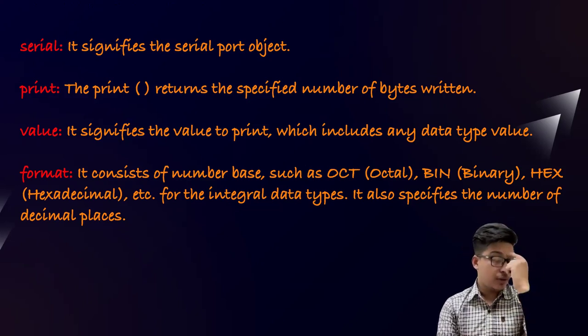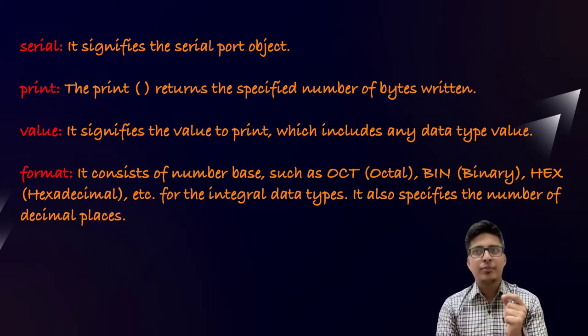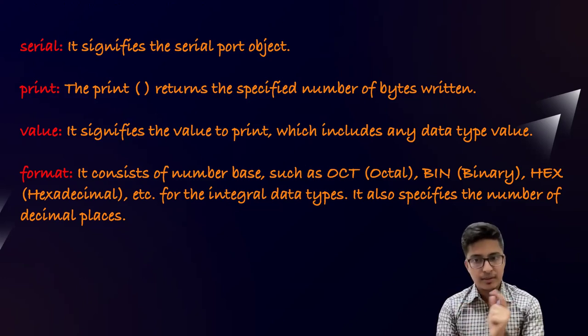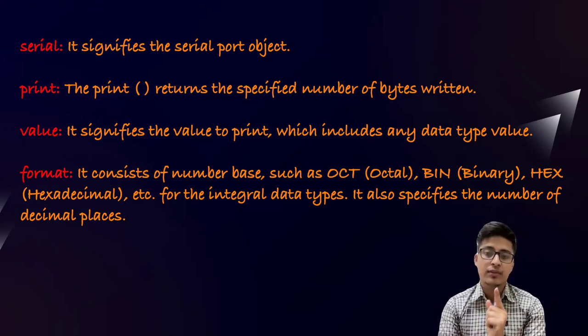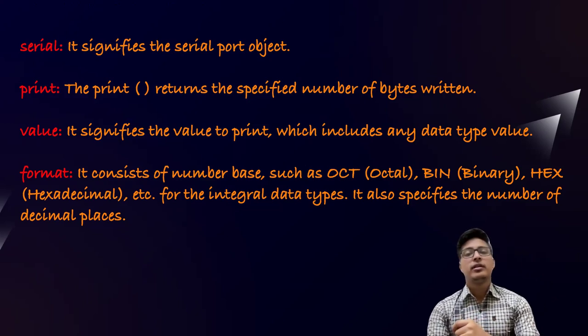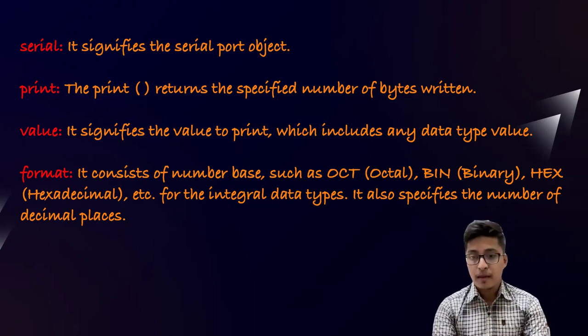For example, if we want to write 28.252, that means we want three decimal places, 252. After the point, after the decimal, there are three places, 252. So we need to specify the number of decimal places that we want to show, right?